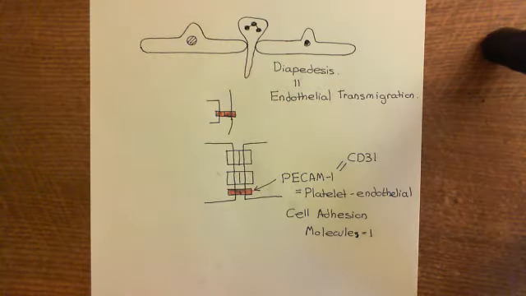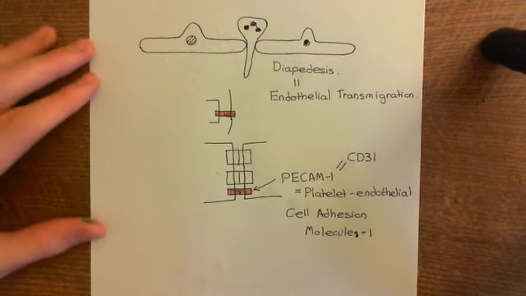So PECAM1 molecules on the surface of the neutrophil interact with PECAM1 molecules on the surface of the endothelial cell as the neutrophil diapedeses through that gap. Then you have the neutrophil in the interstitial space, and there it will begin the process of phagocytosing the pathogens.